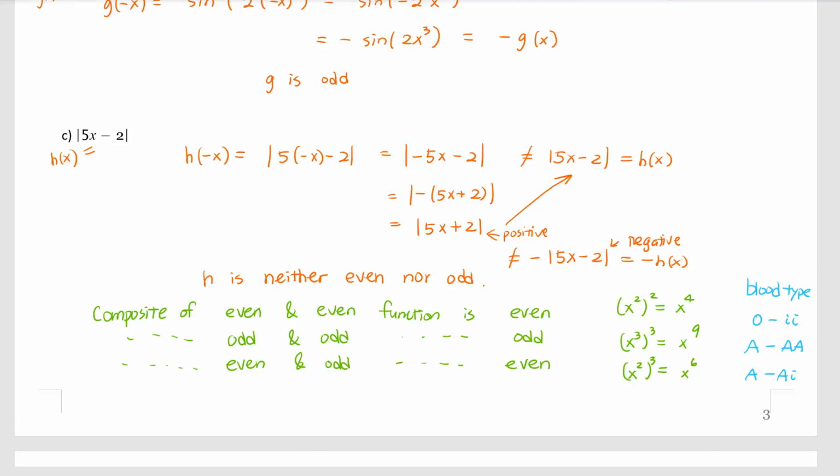But the even function is like the A. Ai is still type A, and AA is still type A. So the even function is really dominant.